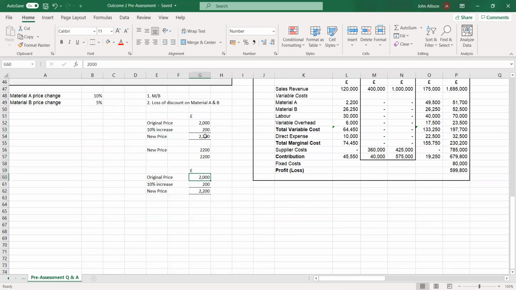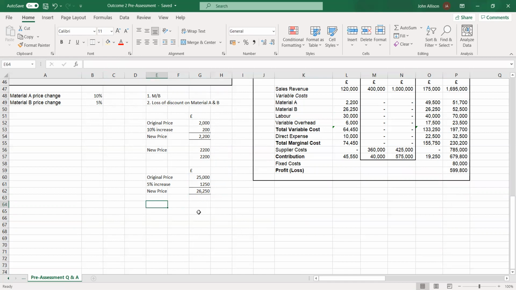It's increased this time not by 10%, but by 5%. And 5% of 25,000 is 1,250. So the new price is going to be 25,000 plus 1,250, which is 26,250.